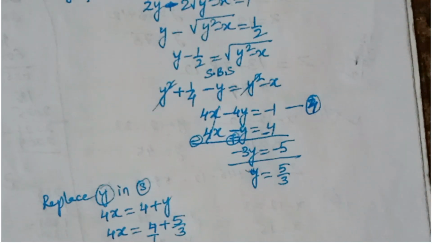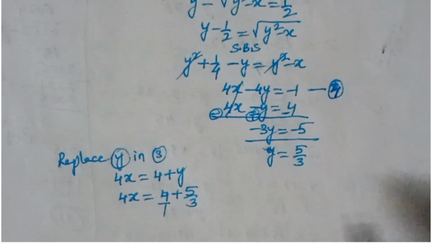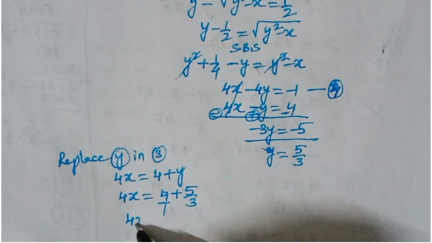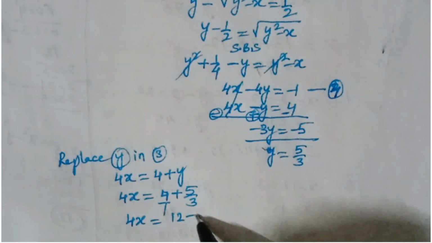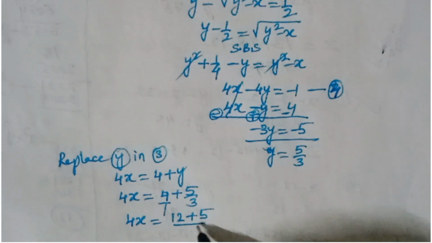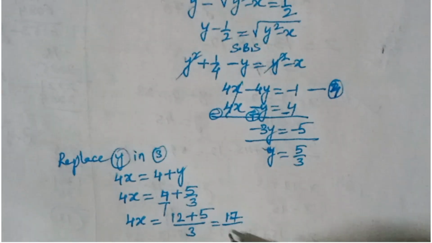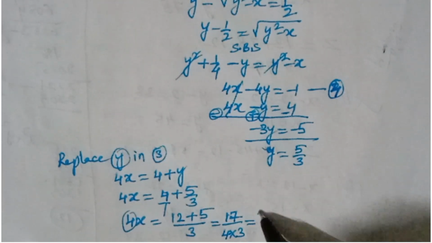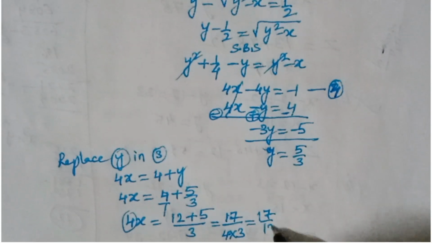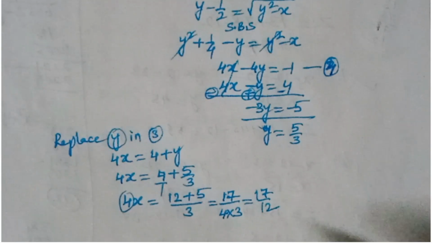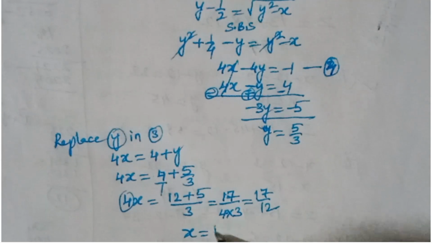Taking LCM, you will get 4x is equal to 12 plus 5 by 3, which is 17 by 3. Sending this 4 to that side, 4 into 3, 17 by 12. That is the x value. The x value is 17 by 12.